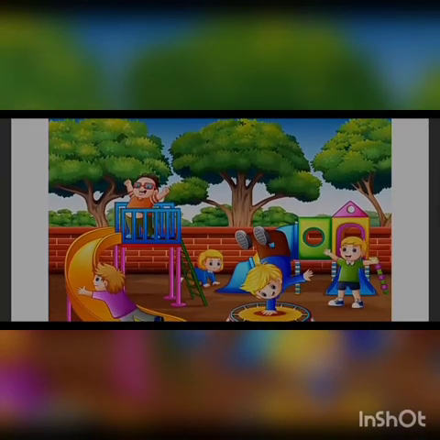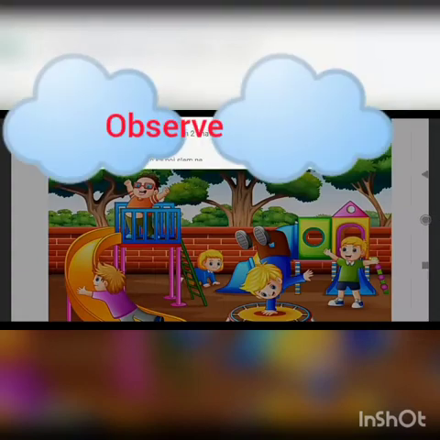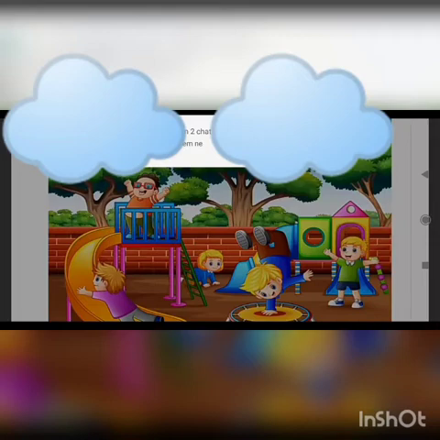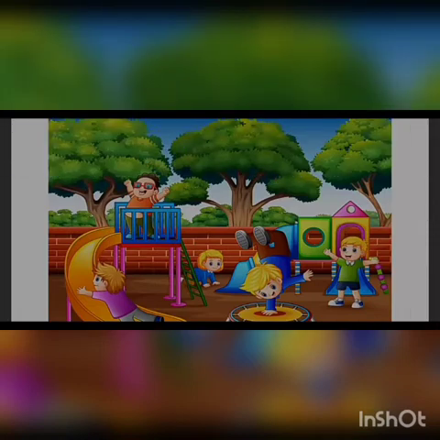So let us look at this picture. Remember the rules? O, P, F, C. The first rule is observe. The second one is P, point out and identify. The third one is F, frame sentences.